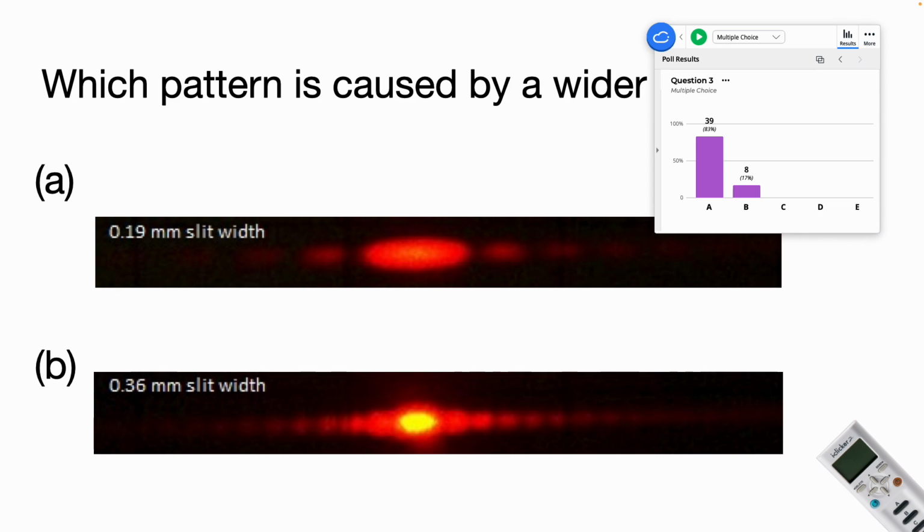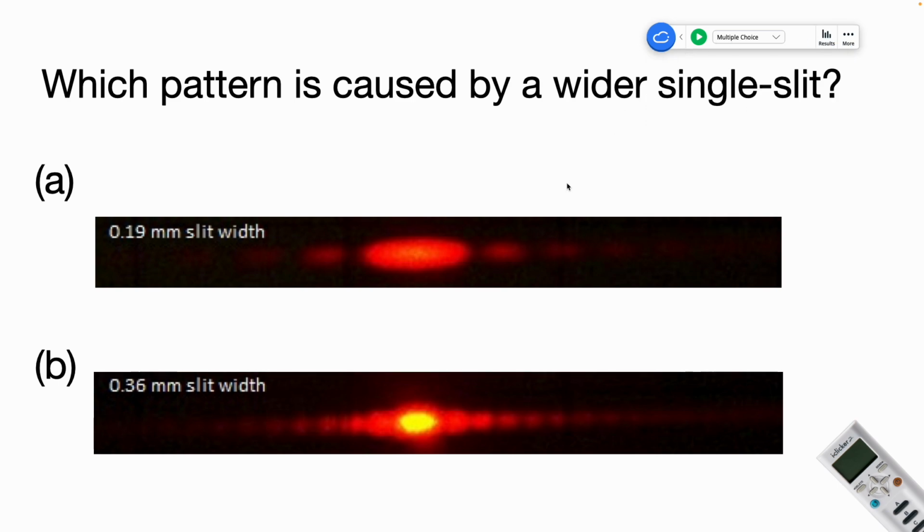Okay, let's review the answer. We want the wider slit. The bottom one is 0.36 and the top one is 0.19. The bottom one is caused by a wider slit.